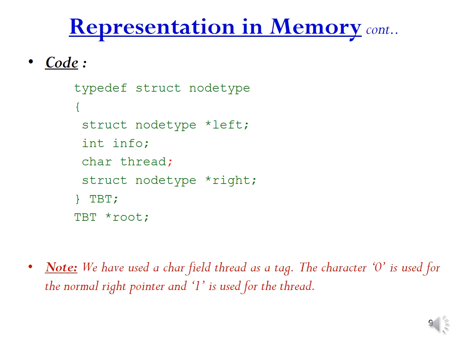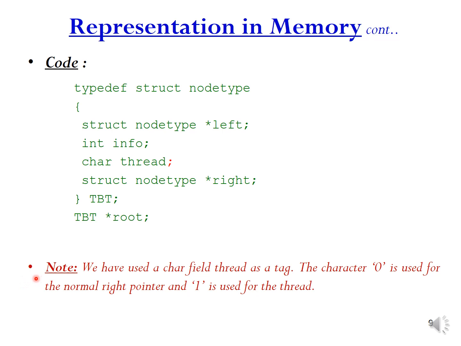For coding, we can use a structure like we normally do in the case of a normal binary tree. In a threaded binary tree, it will include a left pointer, a right pointer, an info variable, and then a character variable that will store the thread.